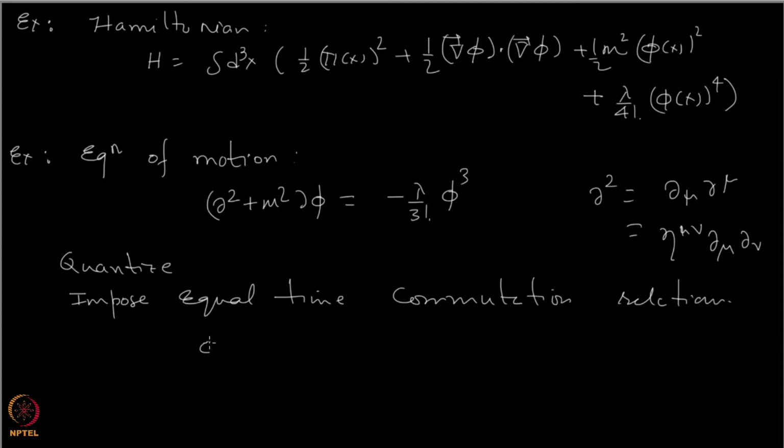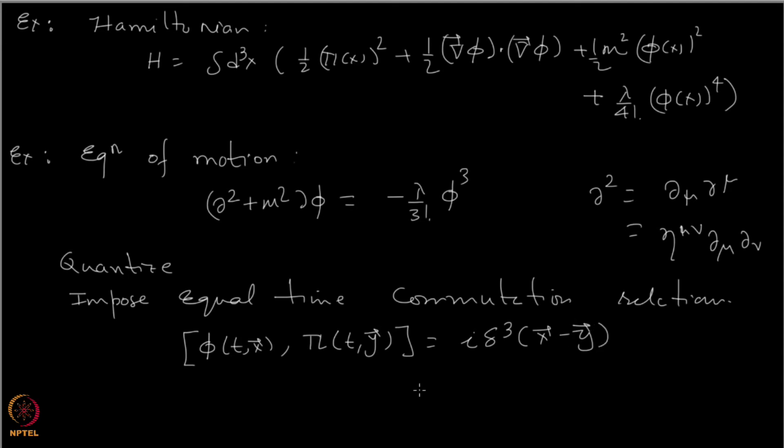So same as always, you take phi t x, look at the momentum density pi, and impose this commutation relation. Okay, I am putting h bar equal to 1, so this is just i delta cube x minus y. Okay, so if you do so, you will quantize the theory.